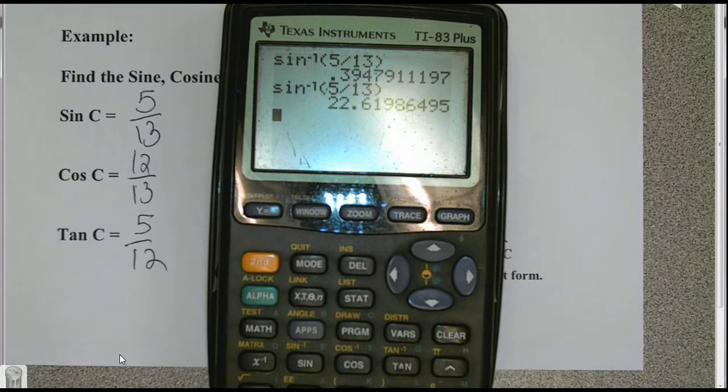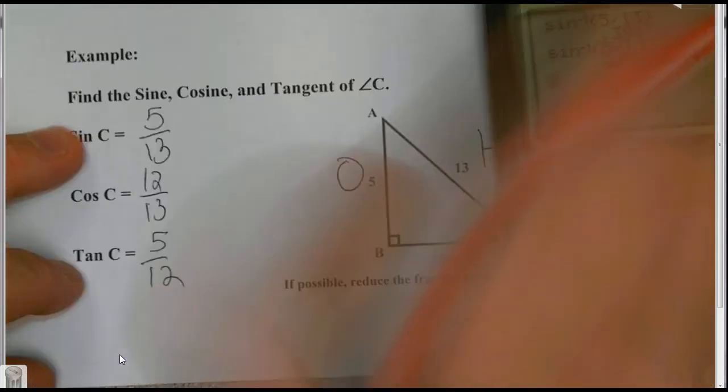Now we've gotten a whole number. When we're doing angles, we round angles to the nearest whole number. And so given the fact that the ratio of the sine 5 over 13 gives us 22.61, 22.62, we're going to go with that angle C is 23 degrees.